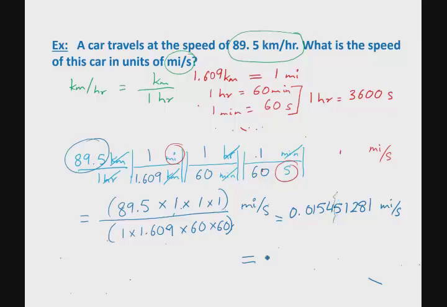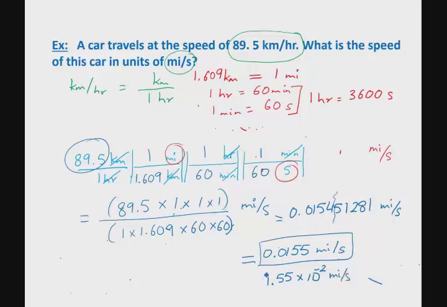It gets rounded to 0.0155 miles per second. You can of course also write this number in scientific notation as long as it's in 3 significant figures. That would be 1.55 times 10 raised to minus 2 miles per second. Either option is correct as long as we have the answer in 3 significant figures.